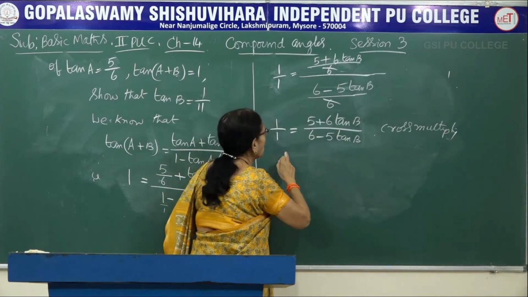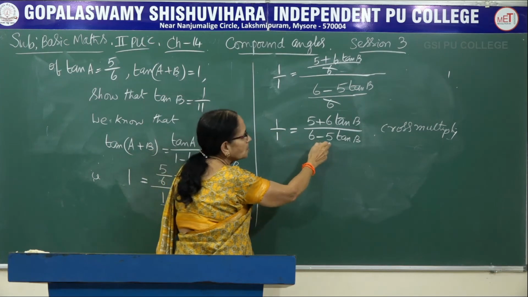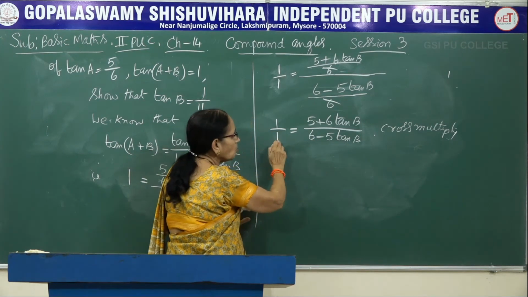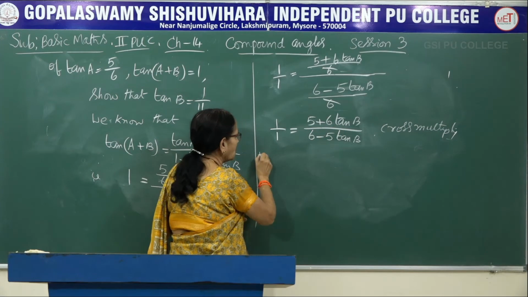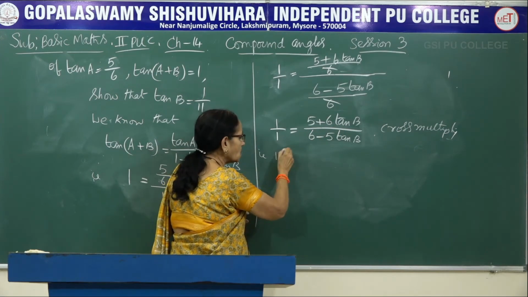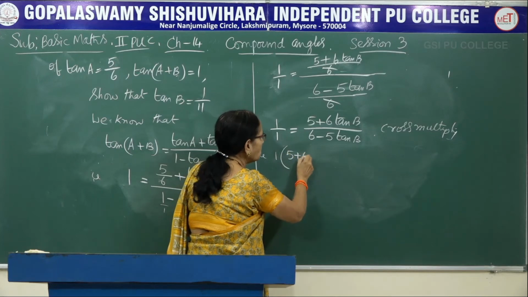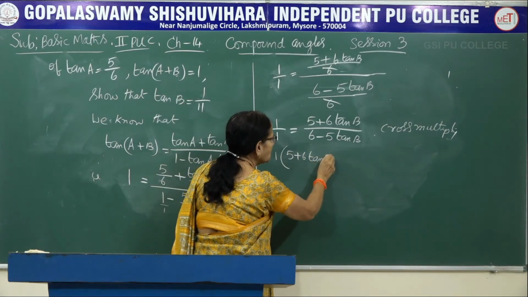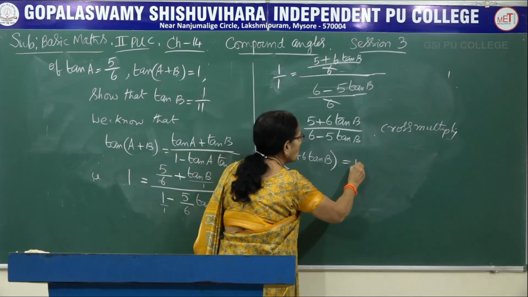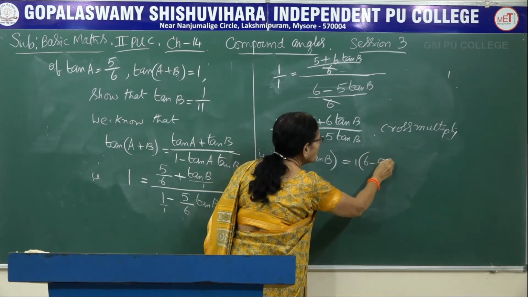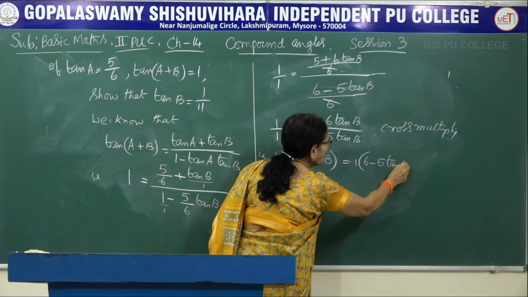When you cross multiply, 1 into 6 minus 5 tan B is equal to 1 into 5 plus 6 tan B. Since it is 1, directly you can write, or better write one more step: 1 into 5 plus 6 tan B is equal to 1 into 6 minus 5 tan B.